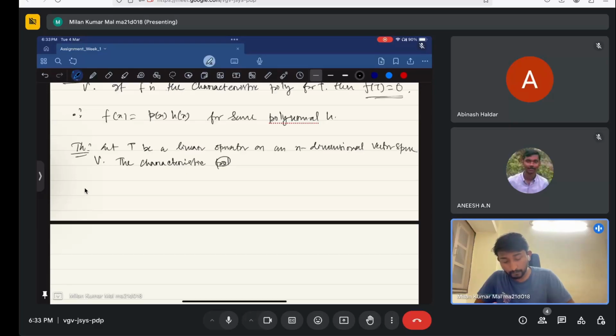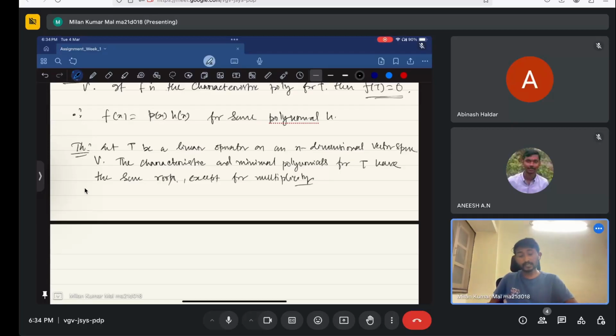The characteristic and minimal polynomials for T have the same roots except for multiplicity.